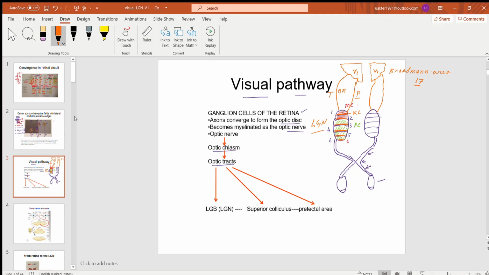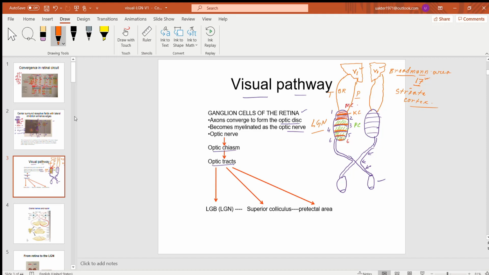So the person Brodmann investigated the functions of different parts of the cerebral cortex, and different areas were given different numbers, and area number 17 is the primary visual cortex, which is also called striate cortex because of the striation present in V1. Okay, so that's how the visual signal is taken to V1, that means the sight or image.